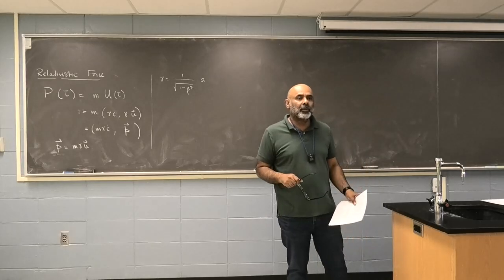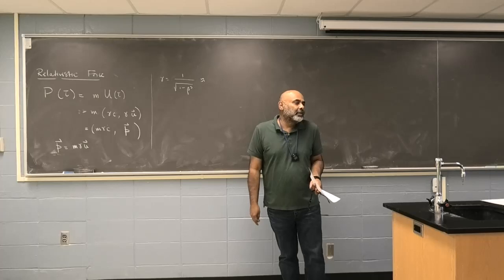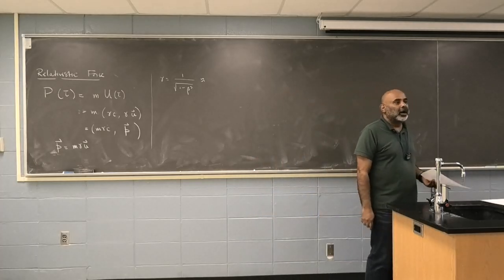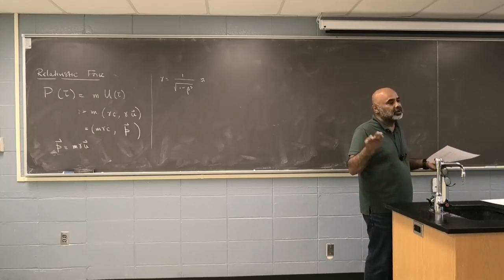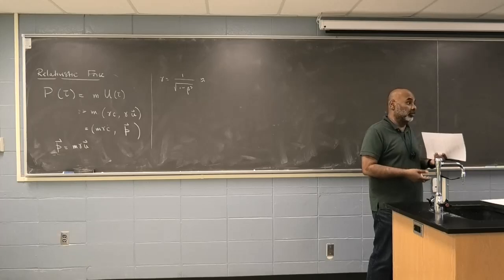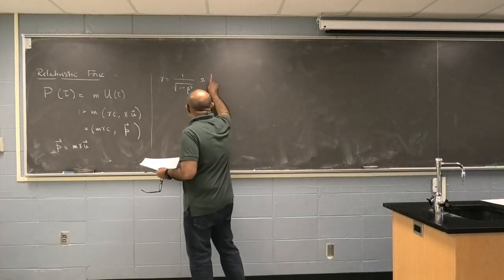So what we want is a useful expression for gamma when beta, V over c, is very small. How do you do that? You keep the first 2-3 terms of the Taylor expansion. Taylor expansion is done around the point beta equals 0, where it's not moving. You know that already. When beta equals 0, gamma is clearly 1.